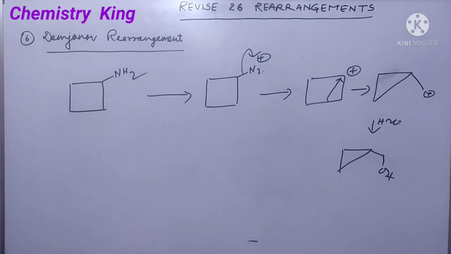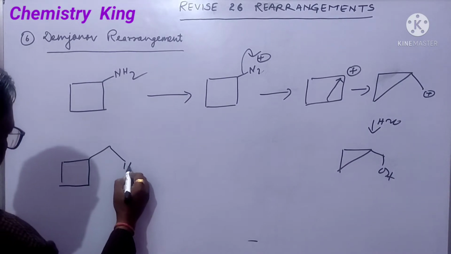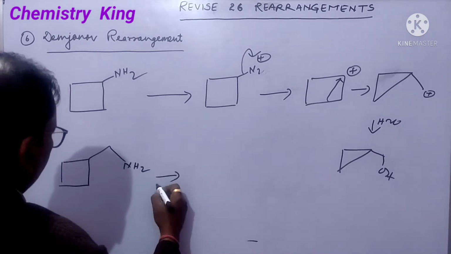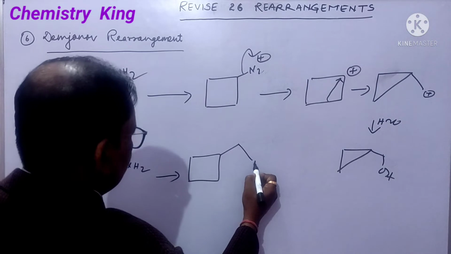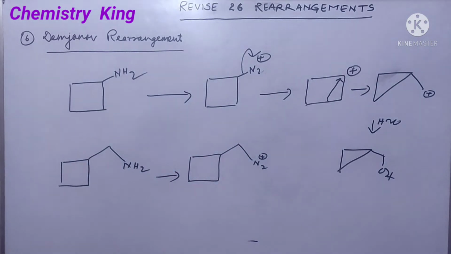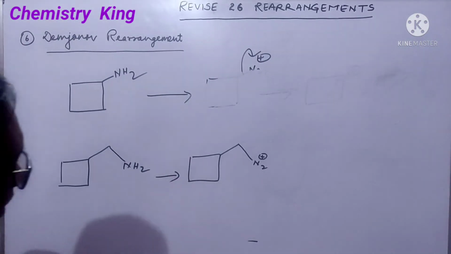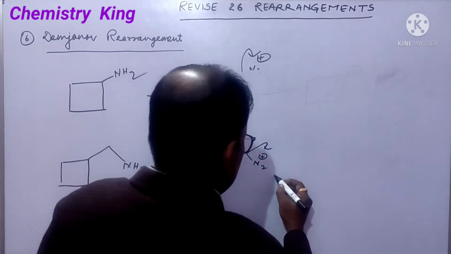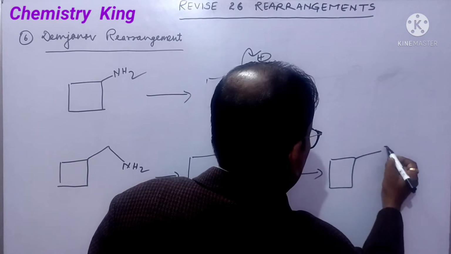It is ring contraction. In the similar fashion, you can see ring extension. Suppose it is amine. On diazotization, you will get this. And when this nitrogen is evolved, you will get this positive charge.